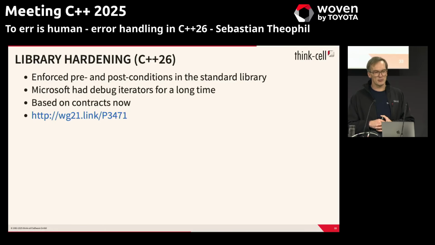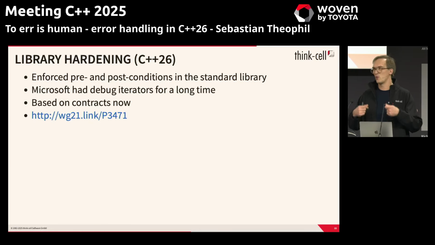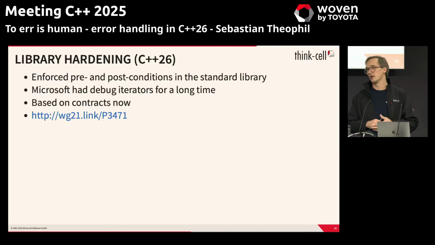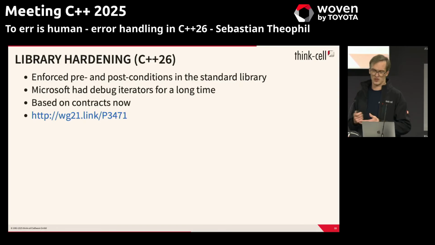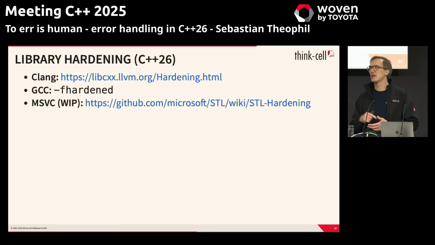And this library hardening proposal is based on contracts. So in the future, whenever one of those STL asserts is violated, they should be calling a contract violation handler. This is not the case so far, due to a lack of implementation, of course. But all 3 compilers do have a hardened implementation.